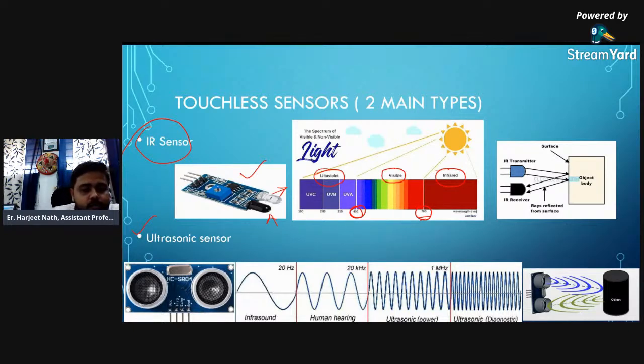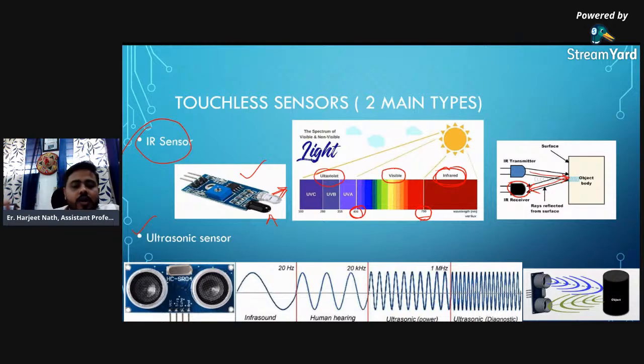Now, this particular sensor works in this infrared region. That means this IR transmitter is nothing but an LED system that releases infrared light. When this light goes and gets reflected from any body or object, it reflects back, and if that reflection is received by the receiver, then that triggers some kind of action in the circuit, which will lead to either activation or deactivation of your hand sanitizing system, or vice versa.